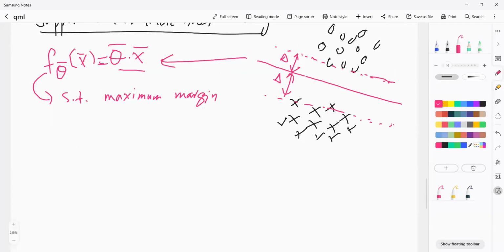So for this purpose, let's say that this is the side of the points in which f_theta is greater than 0, and this is the side of the points in which f_theta is negative.